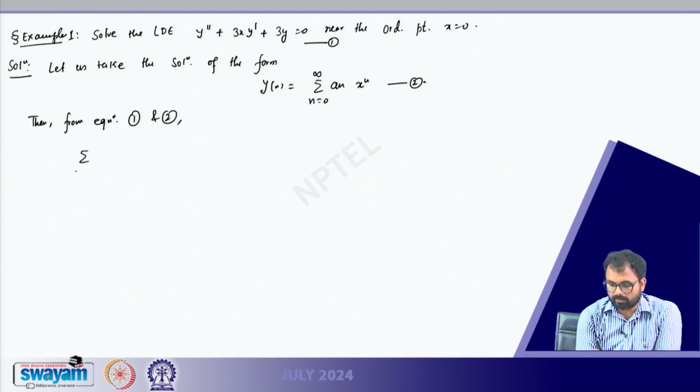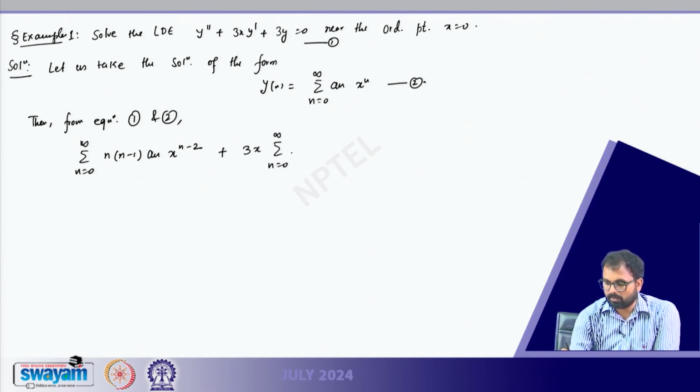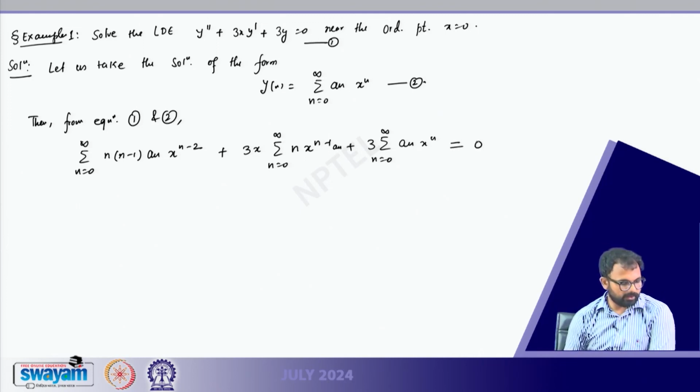We will get summation n running from 0 to infinity n(n minus 1) a n x to the power n minus 2 plus 3x summation n running from 0 to infinity n a n x to the power n minus 1 plus summation n running from 0 to infinity, of course there is a 3, and here also we will have a n x to the power n equals 0. Hopefully, I did it correctly.